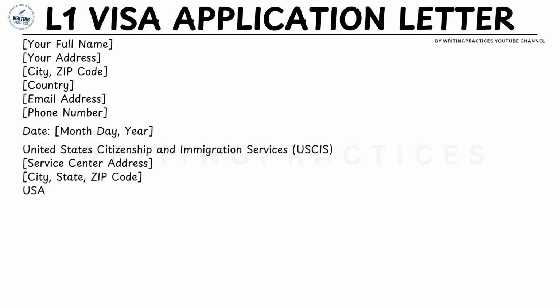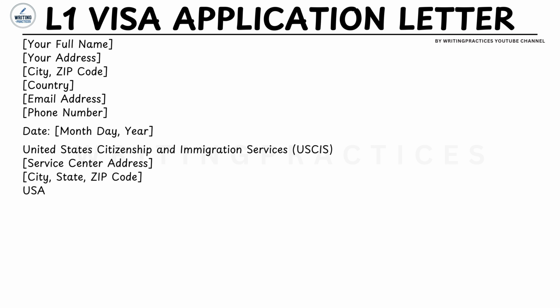For example, United States Citizenship and Immigration Services, or USCIS, California Service Center, 24000 Avila Road, Laguna Niguel, California, 92677, USA. Always verify that you are sending the letter to the correct USCIS Service Center associated with your petition to avoid delays in processing.